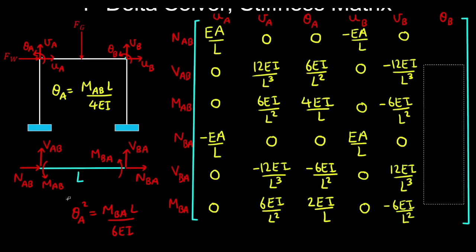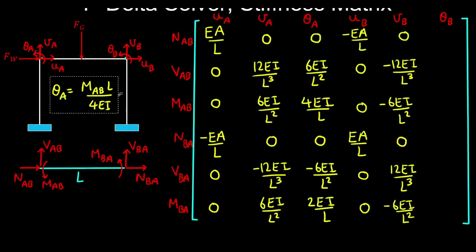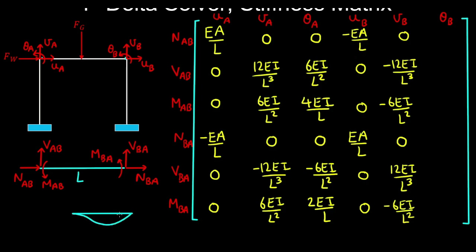And if you did the same thing, so instead you apply an anti-clockwise unit rotation at B, so the deformed shape looks something like this. And you can verify that the stiffness coefficients would look something like this. So you'd have the same stiffness coefficients for the shear forces.